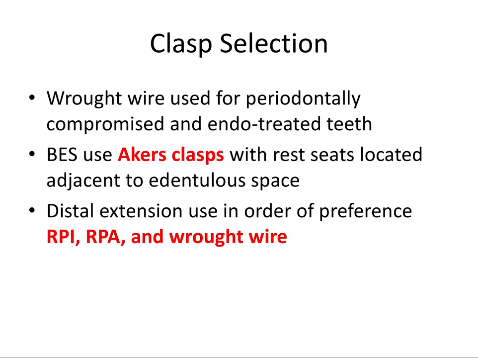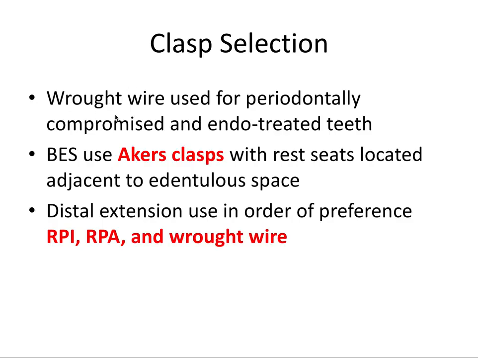So the nice thing about it being more flexible is that it puts less torque on teeth. So it's recommended for periodontally compromised and endodontically treated teeth, because these are already teeth with some trouble, not ideal for abutment teeth, and so we want to put a little bit less pressure on those and use wrought wire instead.